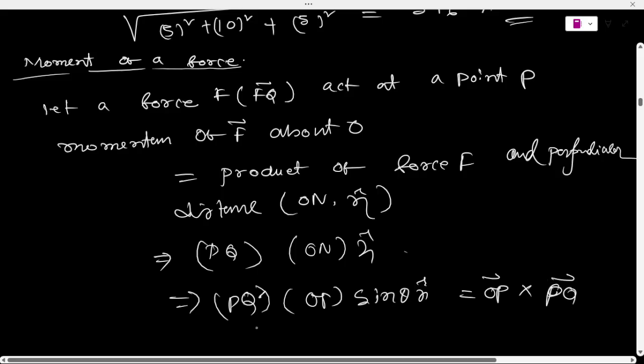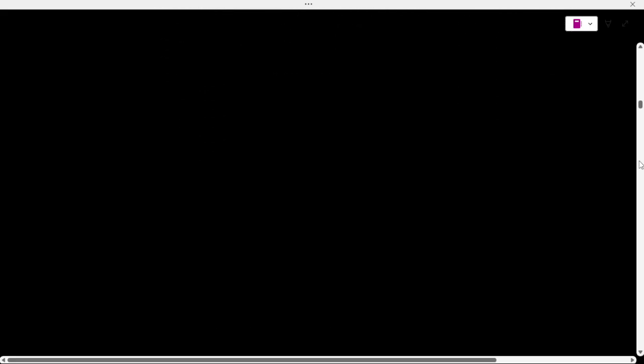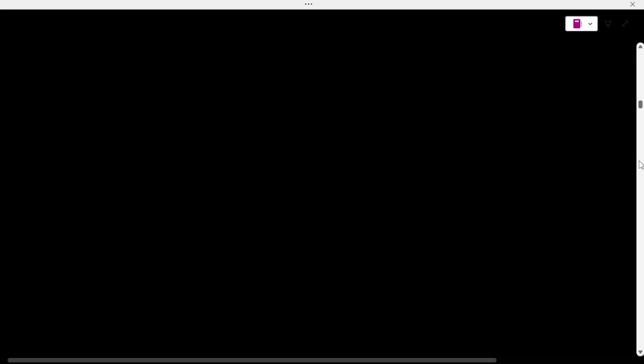So M is equal to R cross F. Now the next topic will be angular velocity.